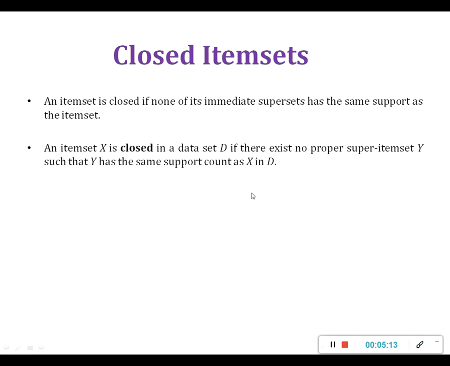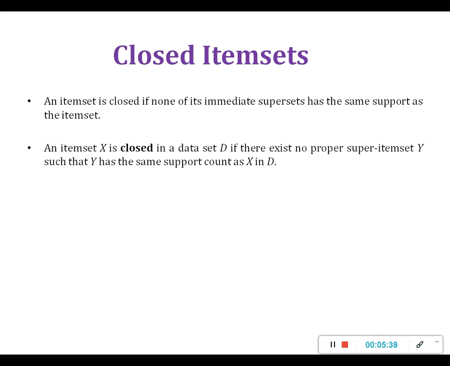An item set is closed if none of its immediate supersets has the same support as the item set. What are supersets and subsets? Subset means if x, y, z are the 3 items in my set, then xy will be a subset of that item set xyz.